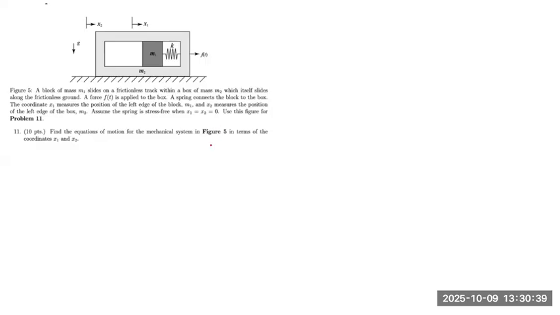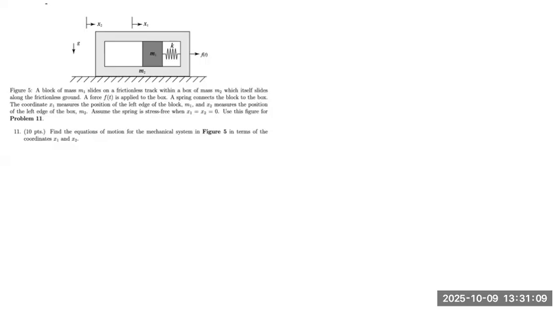Coordinate x1 measures the position of the left edge of the block, m1, and x2 measures the position of the left edge of the box. Assume the spring is stress-free when x1 equals x2 equals 0. Okay, so for the equations of motion, what is happening over here is complicated because each of these is moving relative to each other.